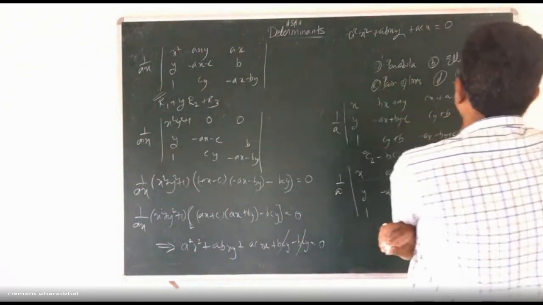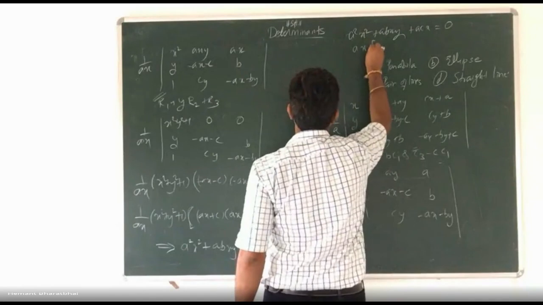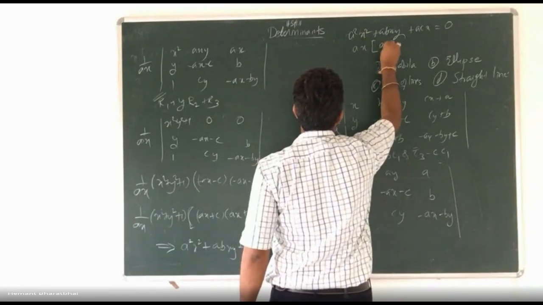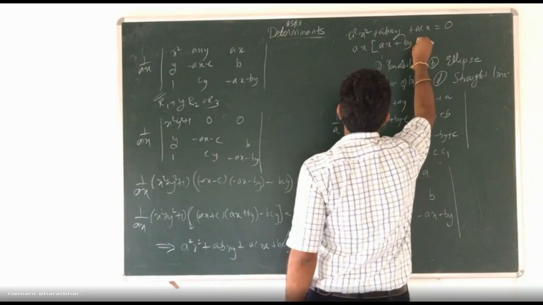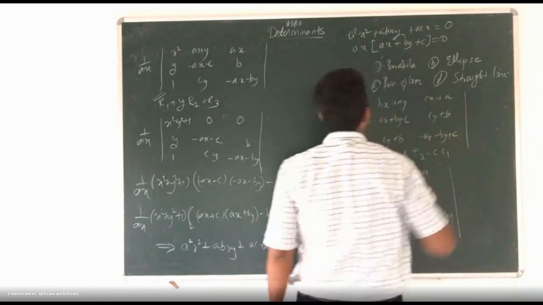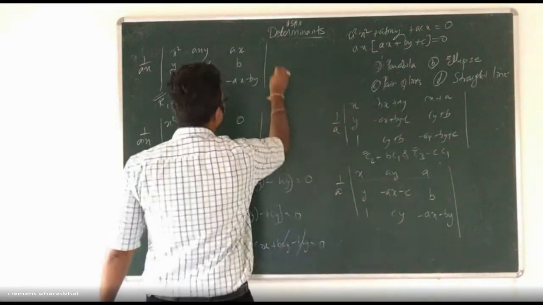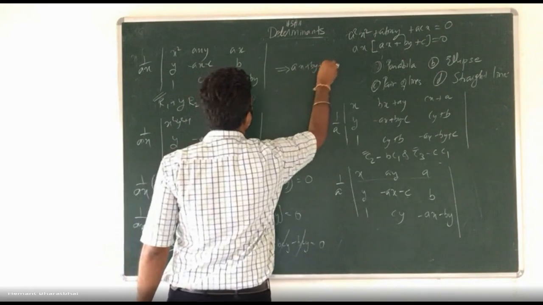Now a and x are there everywhere, so I can take ax common. What will remain is ax plus by plus c equals 0. So 0 upon anything is 0. Finally I will get ax plus by plus c equals 0.